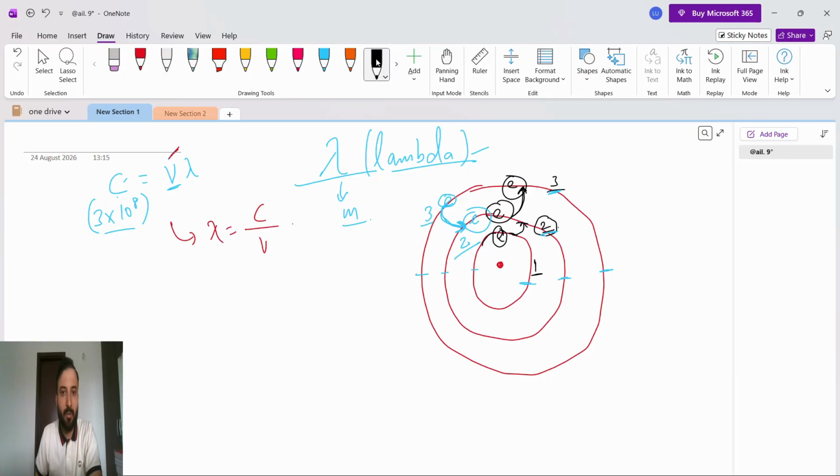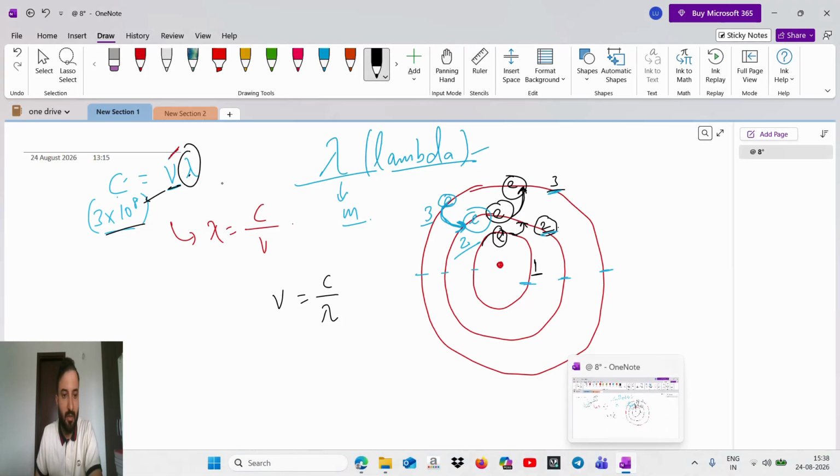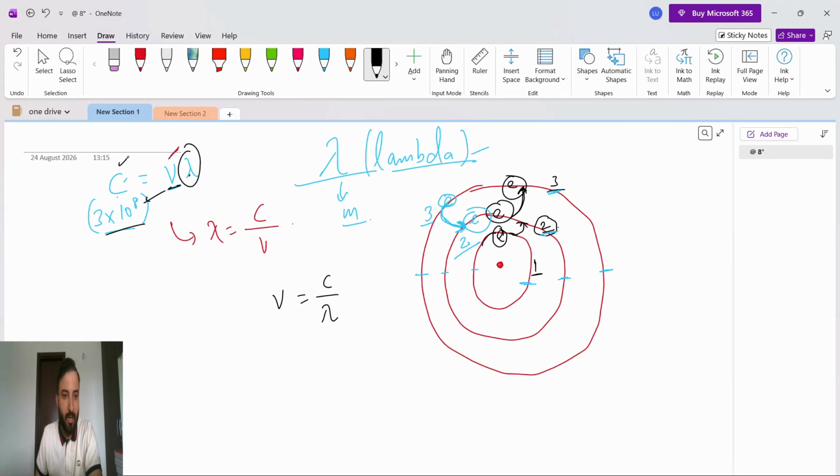Correct? Or second option, they will give the lambda and you have to find the frequency. So frequency is equal to C by lambda, because lambda will go to this side. Correct? The C value will remain the same, 3 into 10 to the power of 8. Finished. So this is the relationship between speed of light, frequency, and wavelength.